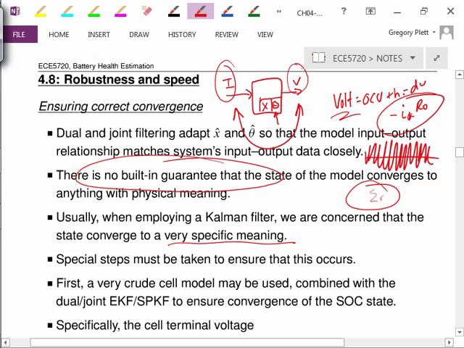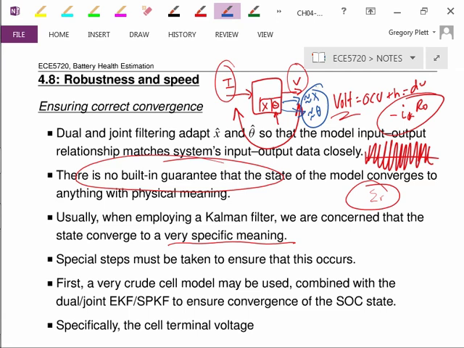But if we could somehow fabricate additional outputs that I measure or compute from measurements that maybe are approximately equal to a state or approximately equal to a parameter, these fabricated outputs could be extremely noisy, but if they have no offset, no bias, I can use them to keep the estimates of the state and parameters honest, in the sense that they won't drift away from the mean value. They may be noisy, but they won't drift away from the expected value, and that helps keep the filter on track.